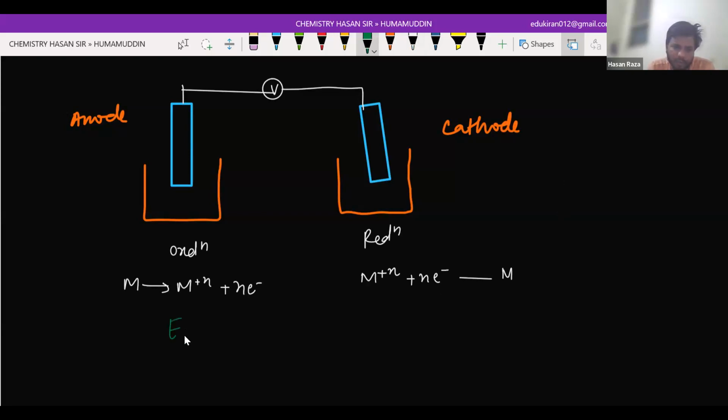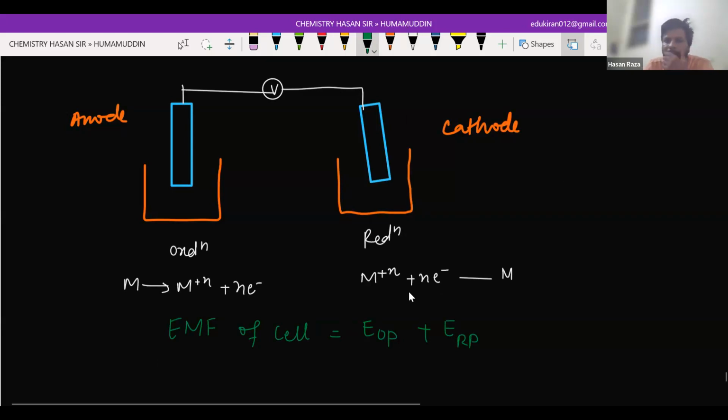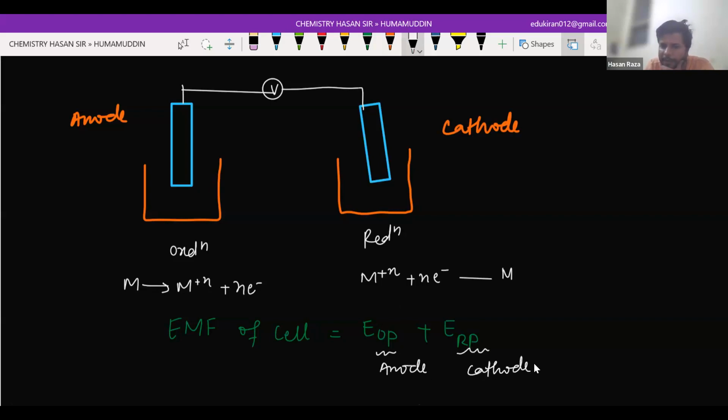Now what you need to do is very simple. If you are going to calculate EMF or electrode potential of cell, you need to add all the potentials, that means oxidation potential and reduction potential. Are you getting my point? Yes or no? Yes, sir. This oxidation potential is for the anode and this reduction potential is for the cathode.